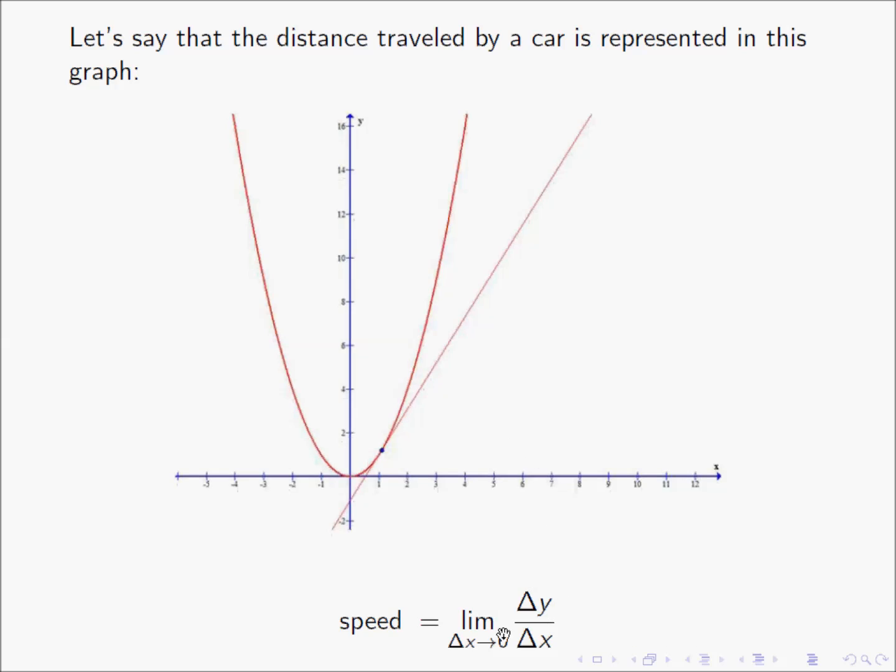And if we do that, we're going to define the speed at this point as this limit. This is how speed is defined in physics. The limit as delta x approaches 0 of delta y over delta x. That is the limit of the average velocities.